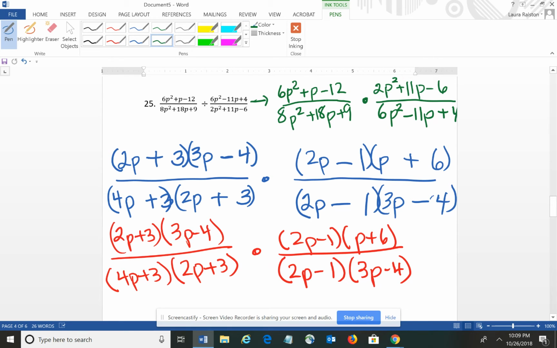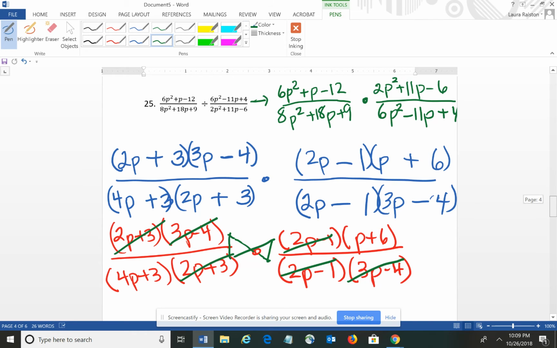Diagonally, I have a 3p minus 4 unit that can be divided out. On the other diagonal, I have nothing. On the vertical, I have 2p plus 3. And on the other vertical, I have 2p minus 1.